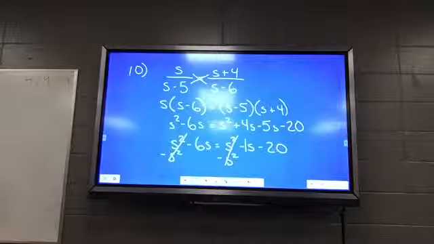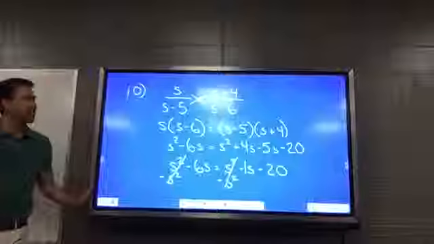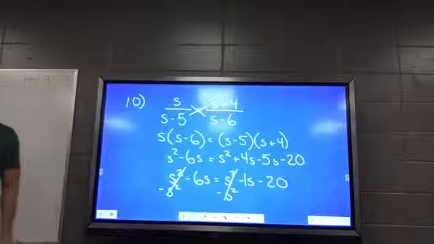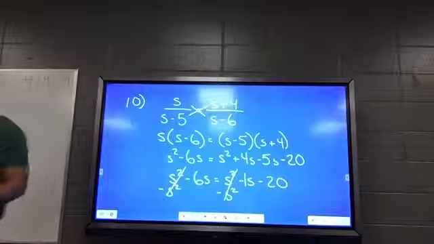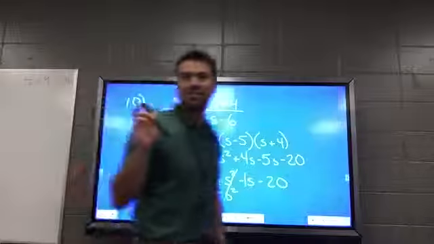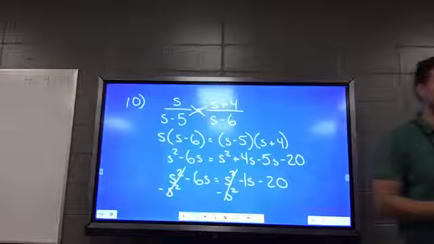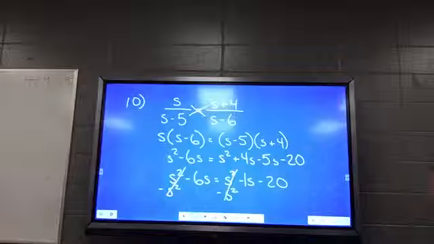Did you check? Okay, so work it out. What'd you get? I'll give you some time. Okay, and then solve for s, divide both sides by 5. What'd you get?